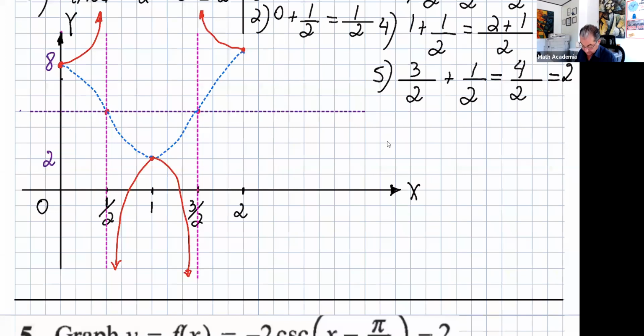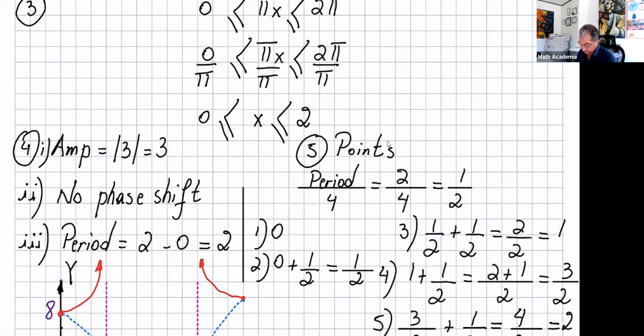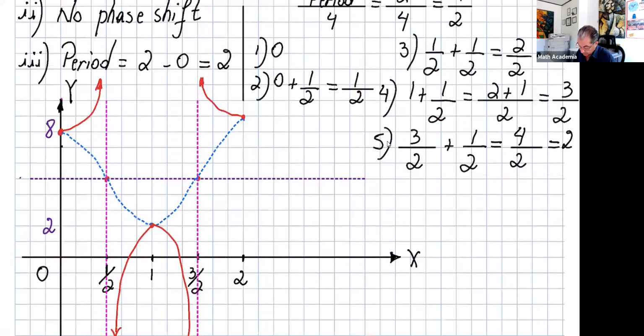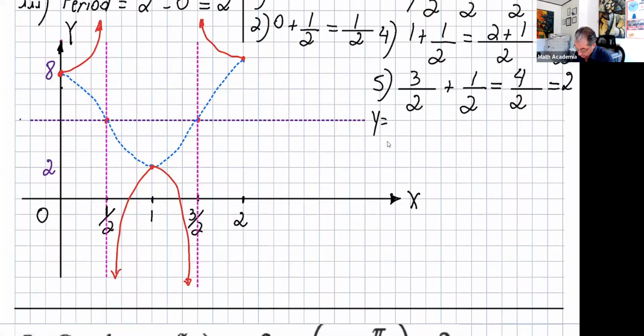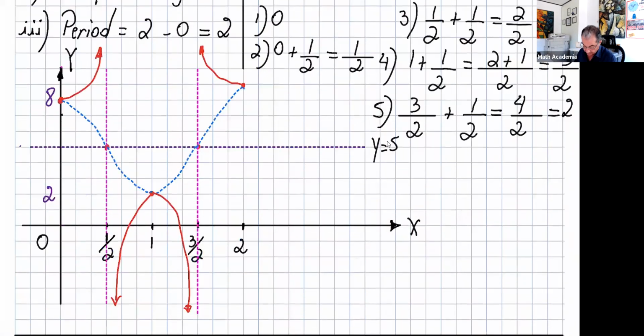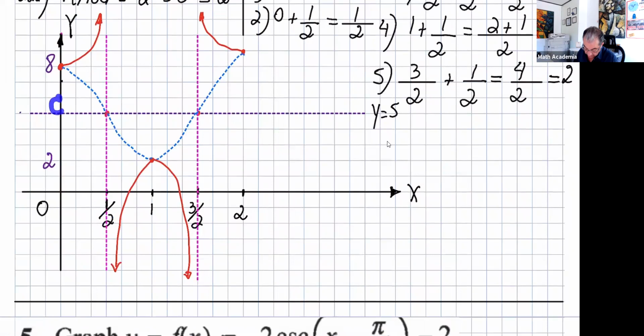New axis is that number. So basically, I can put here y equals to 5. 1, 2, 3, 4, 5. And the amplitude is 3. So from the axis, you go up 3 and down 3.